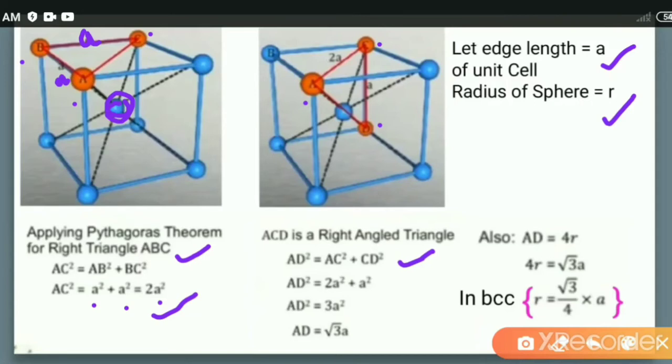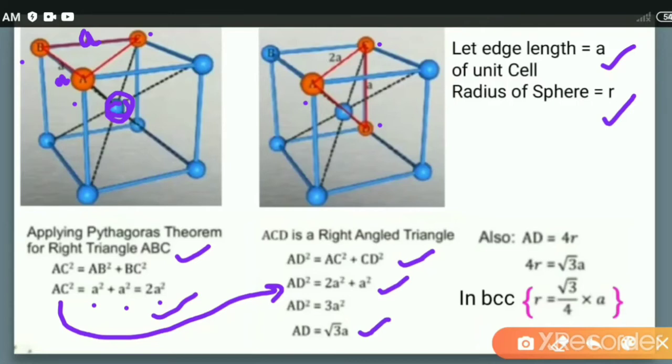As CD is the edge length, CD is equal to A, and we have already found the AC square value. Substituting, AD square is equal to 2A square plus A square. When we solve this, we get AD is equal to root 3 A.